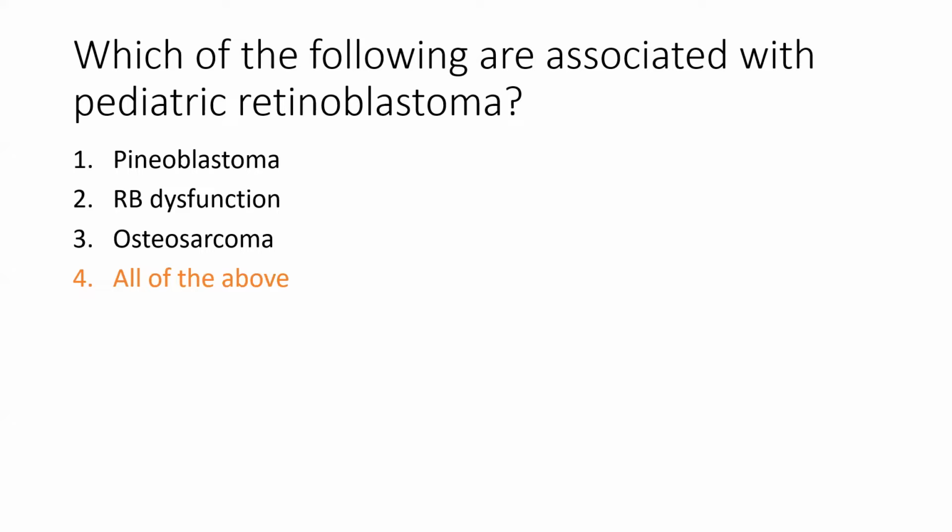As you can remember from your step 1 exams, they can be sporadic or from a germline mutation in the retinoblastoma tumor suppressor gene, that is RB, right? Now, patients with germline mutation in RB are at increased risk for trilateral retinoblastoma, which is retinoblastoma, pineoblastoma, and osteosarcoma.